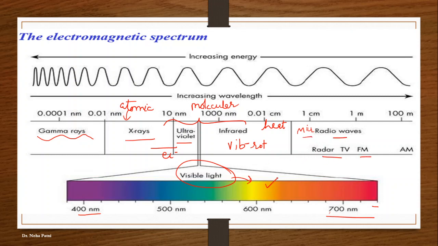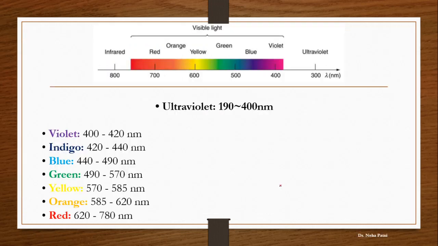Now let us go in detail of this spectrum also, because we have discussed UV and X-rays and IR rays. So the visible spectrum also, this is quite familiar to you. I know that you know this. We used to refer to this as VIBGYOR, like violet, indigo, and so on.